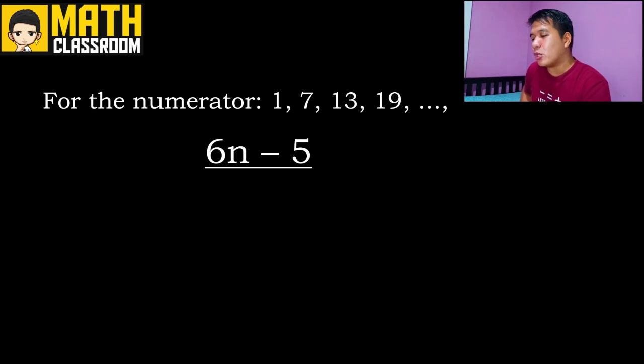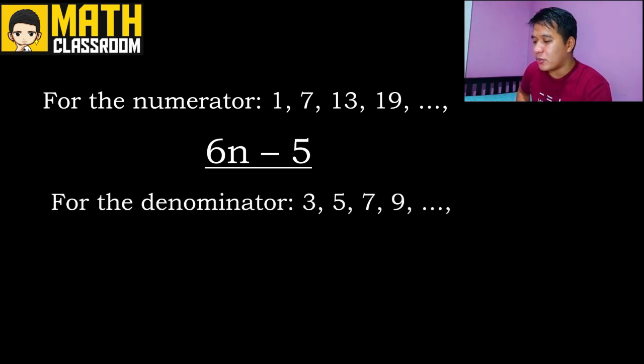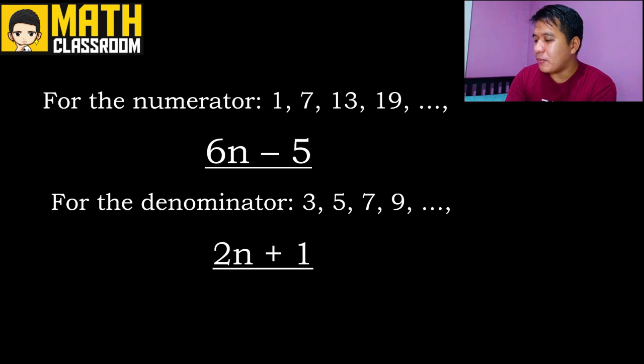For the denominator, we have the given terms which are 3, 5, 7, and 9. Kitang-kita naman that our common difference for this sequence is actually 2. So, that's why the numerical coefficient of n is 2. So, you have 2n. Next, ang first term natin ay 3. So, anong idadagdag natin sa 2n para maging 3 siya?